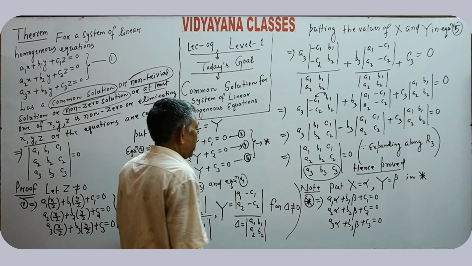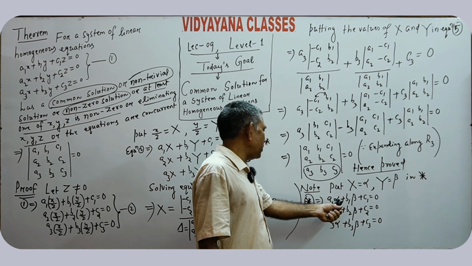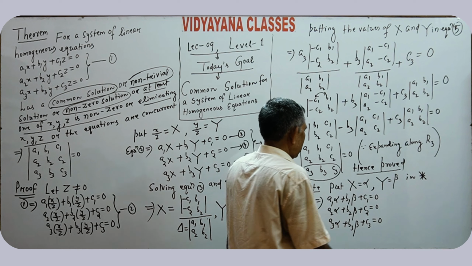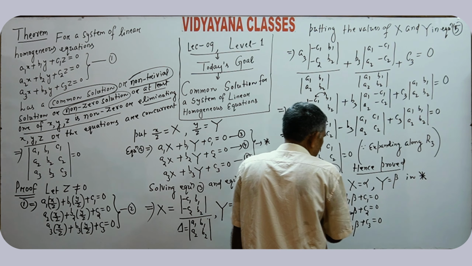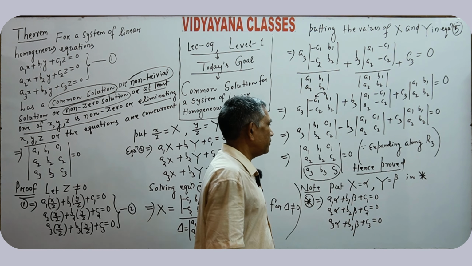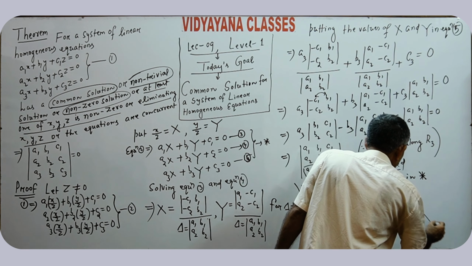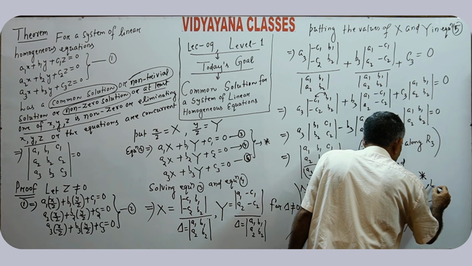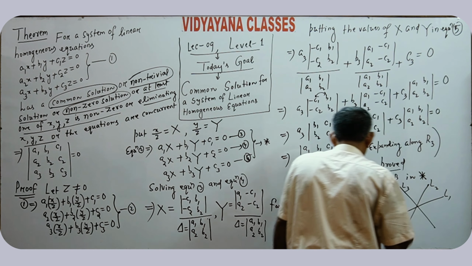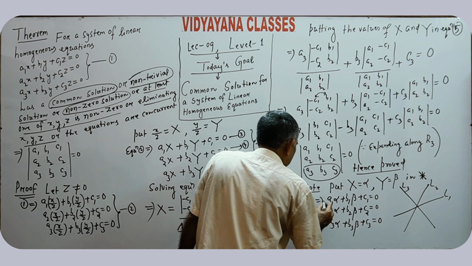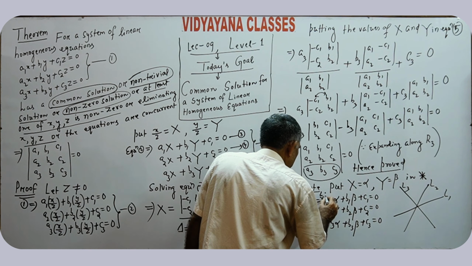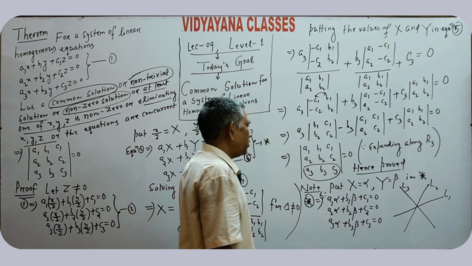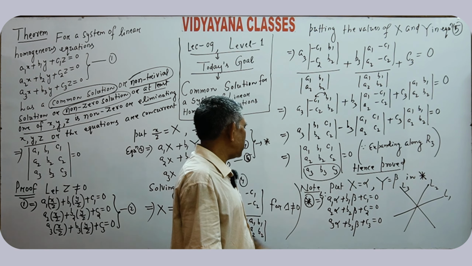Elimination of XYZ, similarly, elimination of alpha and beta. It is line 1, line 2, line 3. L1 such that A1 alpha plus B1 beta plus C1 equal to 0.